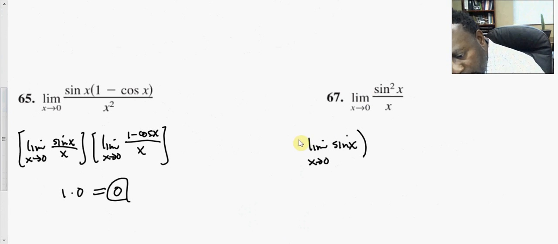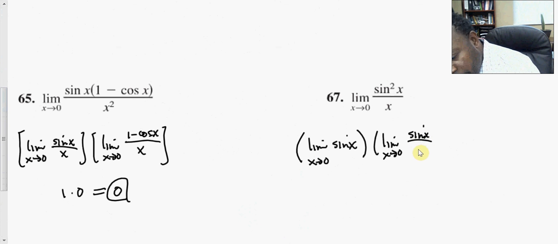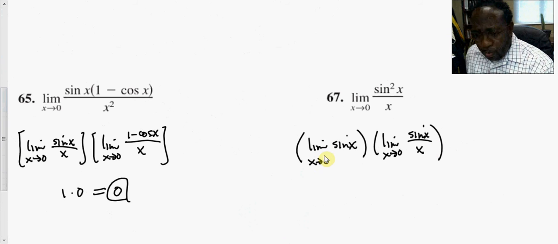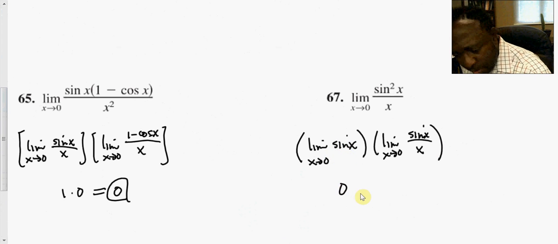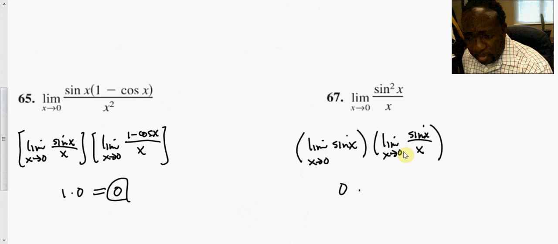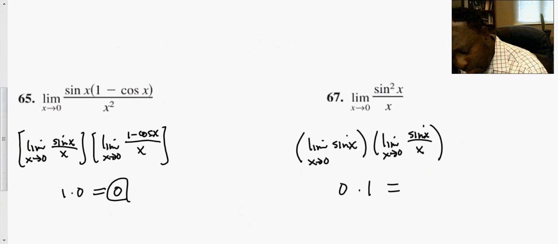So this is times the limit as x approaches 0 of sine x all over x. Well, the first one, the limit of sine x as x approaches 0, is sine 0, which is equal to 0. And then the second one, the limit of sine x over x as x approaches 0, is equal to 1. So we still get 0.